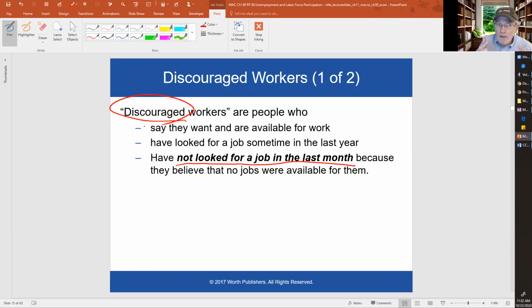The official unemployment rate we've been talking about is called U3. There are, I believe, 7 different unemployment rates that the government calculates. And these discouraged workers are included in some of those. But most of the time, you'll never hear those other unemployment rates being reported.